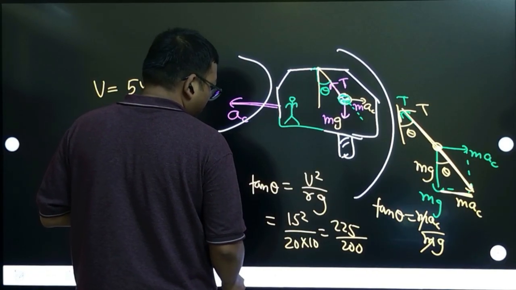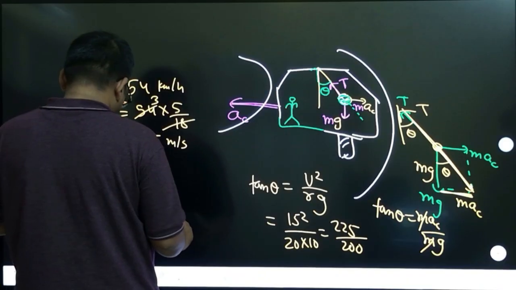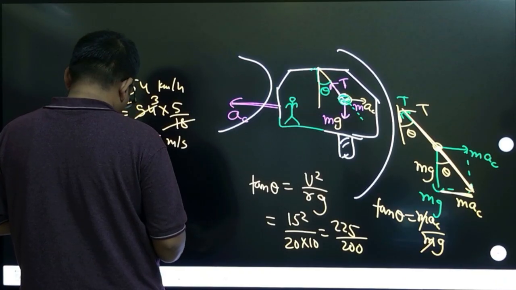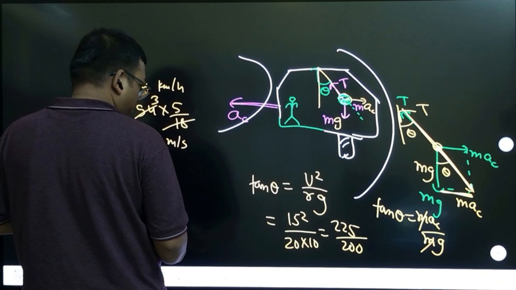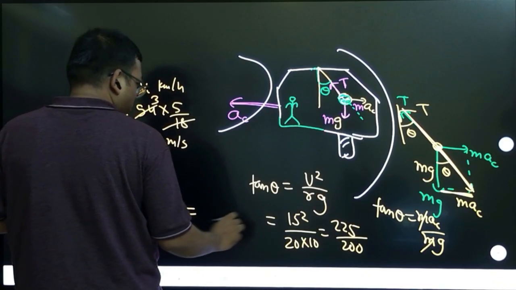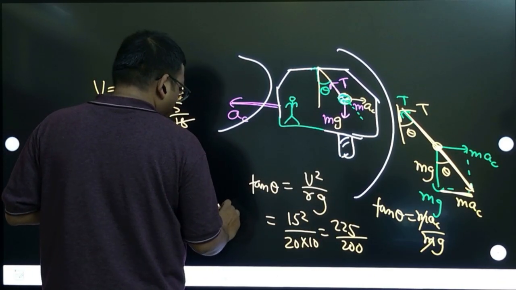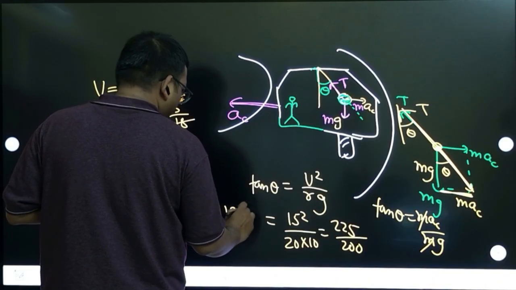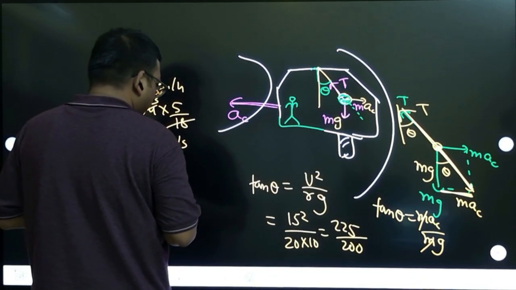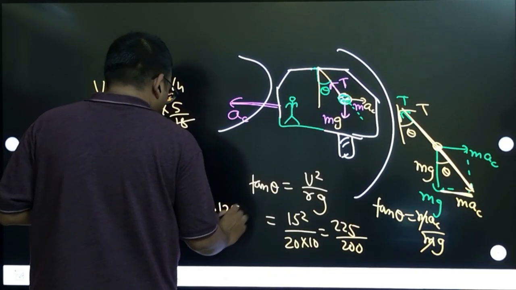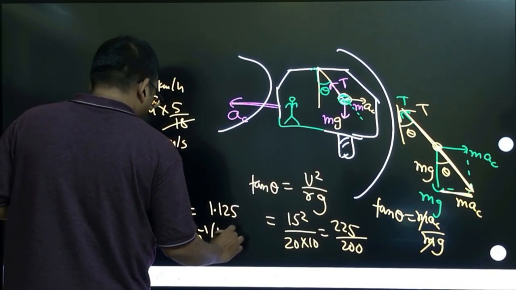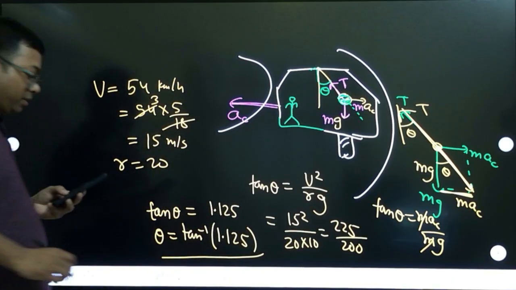How much will it be? First divide this, so 2.25 divided by 2 means 1.125, right? 1.125, and so theta will be tan inverse of 1.125. That's the answer. Okay, right.